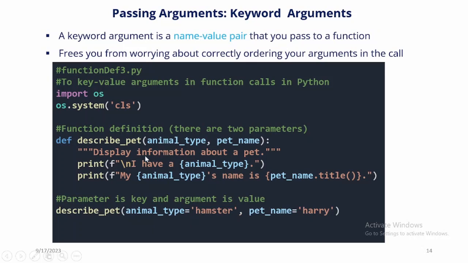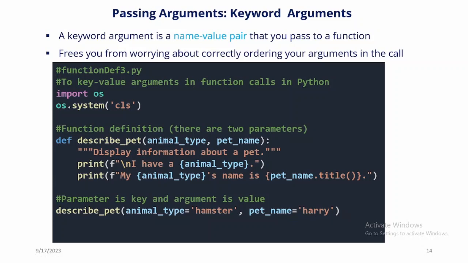So the user knows that the two parameters for this function are animal type and pet name, and the user of the function can use them directly in assigning arguments. So the parameter is key and the argument is the value. So the key in this case is animal type, and you just assign it equal to hamster. The second key is pet name, you assign it to Harry.